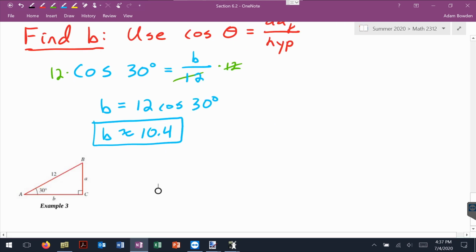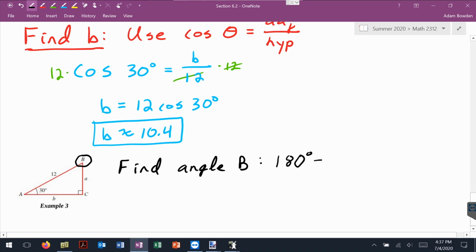So now we have two sides of the right triangle figured out. All three sides are known. The only thing that's actually still missing in this triangle is the angle B up here at the top. So let's figure out how we might find a missing angle if necessary. To find angle B, I'm going to use the fact that there's 180 degrees total in any triangle.